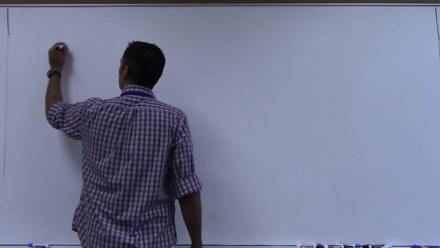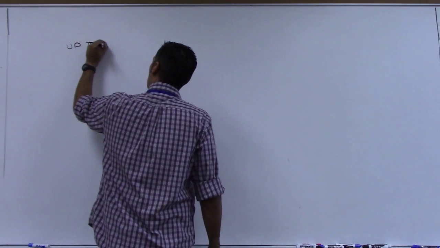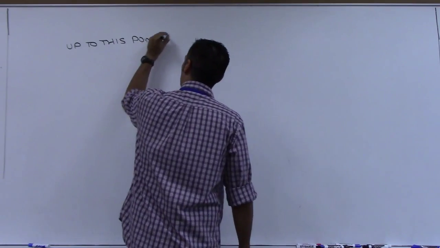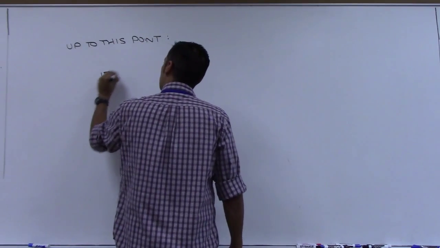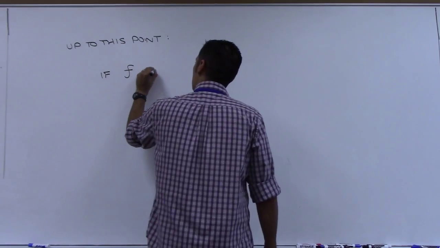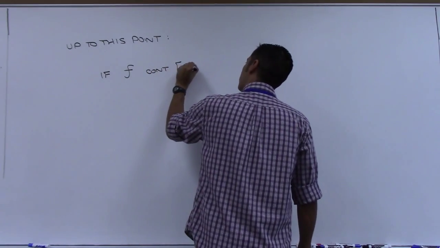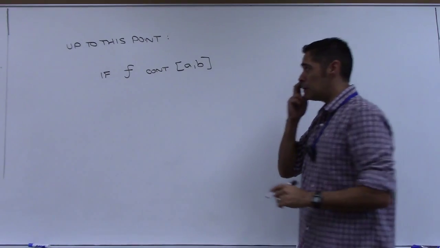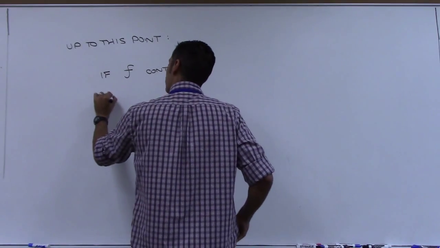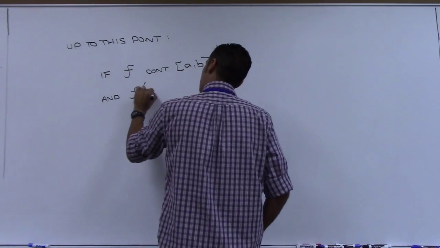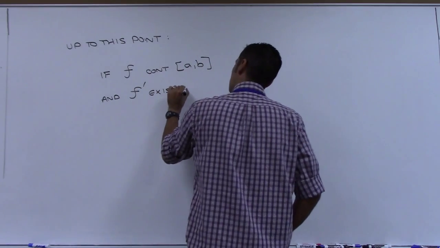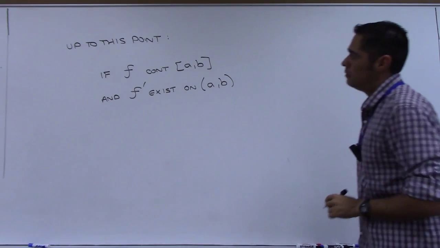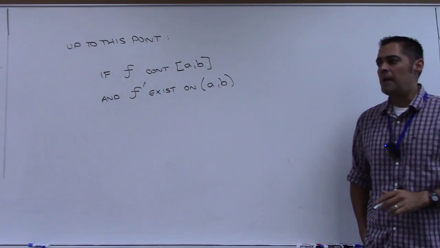As of now, up to this point, here's what we got. If we're given a function f which is continuous on a closed interval, and the derivative exists on the inside of that interval, we can find the absolute max and the absolute min, can't we?